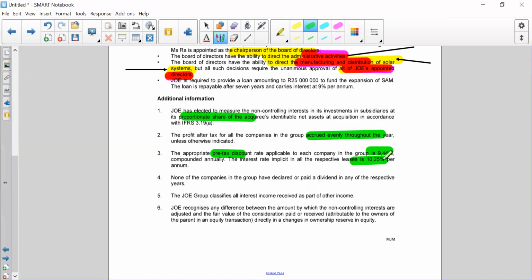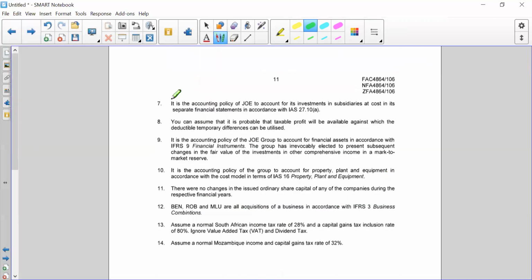None of the companies have paid or declared any dividends throughout the year. We classify interest income as part of other income. Joe recognizes any difference between the amount by which investments are adjusted and the fair value of the consideration paid or received directly as a change in ownership reserve in equity. Investments in subs are recorded at cost.